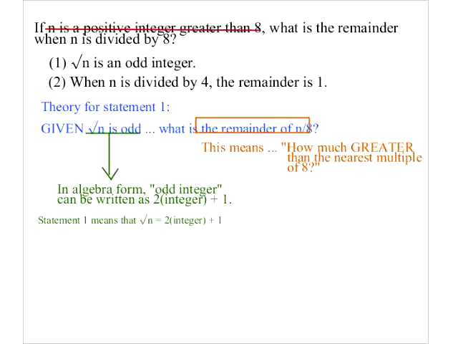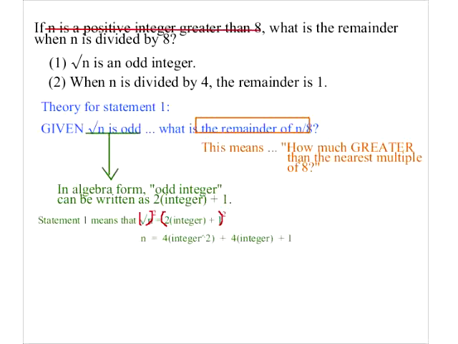So you can do normal algebra on this. So you can square both sides of that. Let's square both sides. If we square the left-hand side, we just get n, because n is positive. If we square the right-hand side, we get 4 times integer squared plus 4 times integer plus 1.